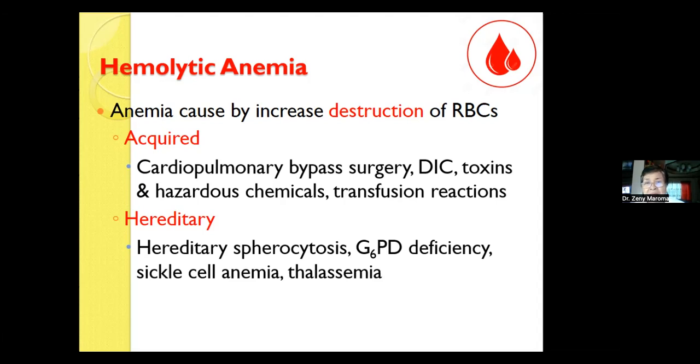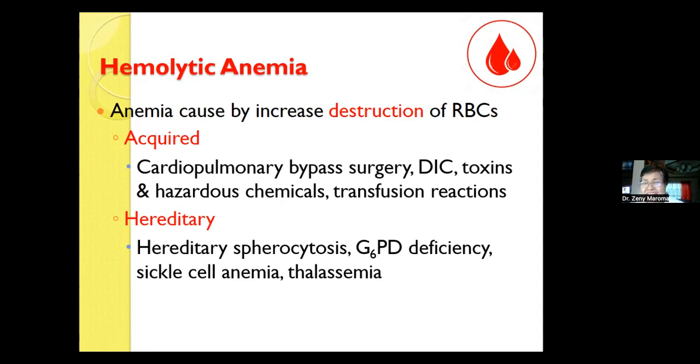O kaya, may disseminated intravascular coagulation, na topic natin mamaya, that there are two conflicting forces na maraming blood clot sa blood vessel, tapos nagbi-bleed ang pasyente. So maraming blood clot, nasisira ang mga blood cells.